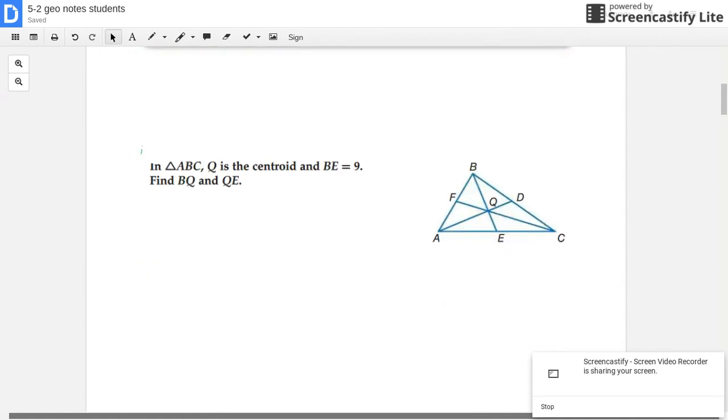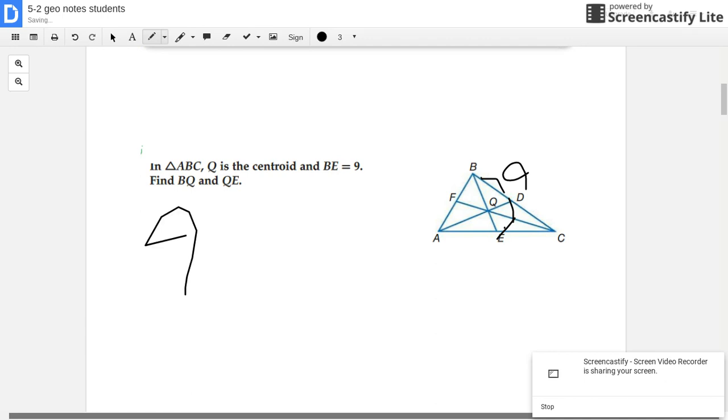To do one of these problems, we have BE is 9. So BE is this right here, and pretend it's drawn better and is 9. If the whole thing is 9, the larger part is 2/3 of that.